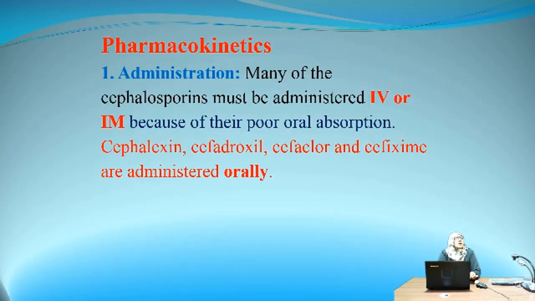Pharmacokinetics of cephalosporins include administration, distribution, metabolism, and excretion. Administration: many of the cephalosporins must be administered intravenously or intramuscularly. Why? Because of their poor oral absorption.